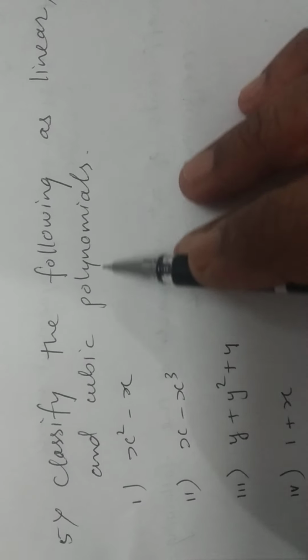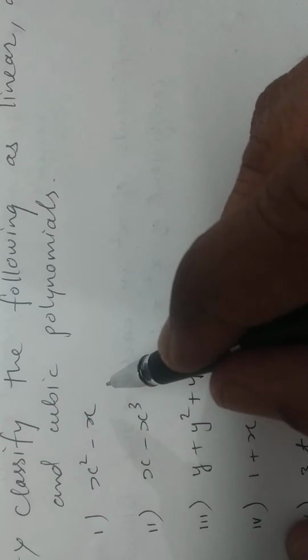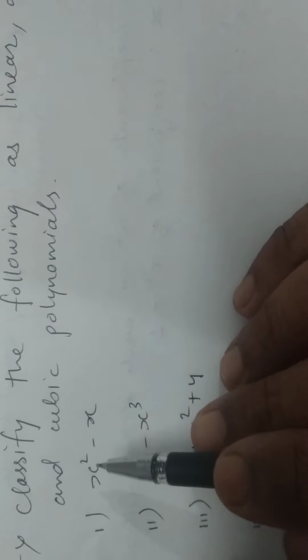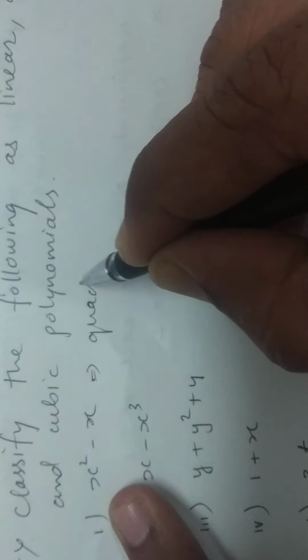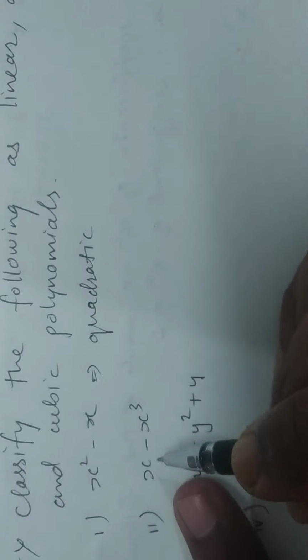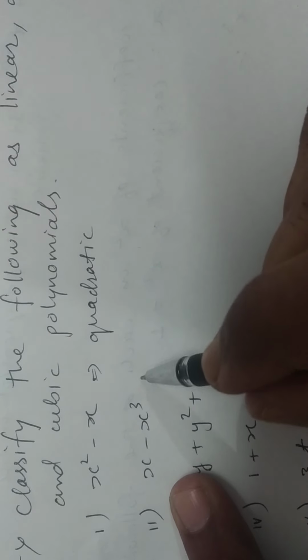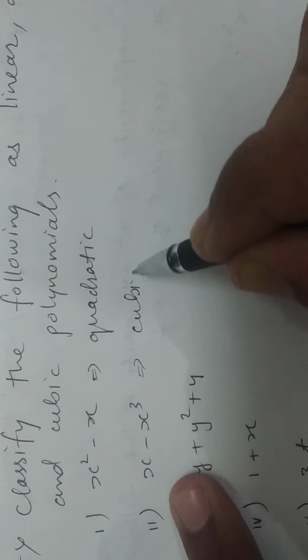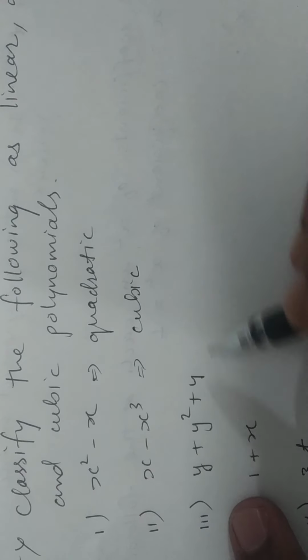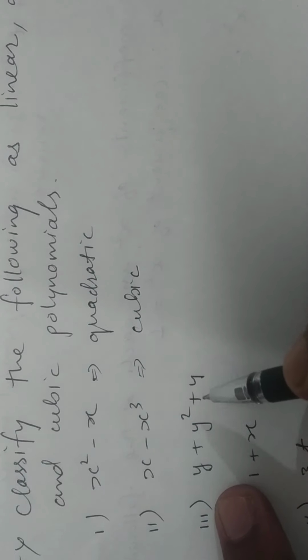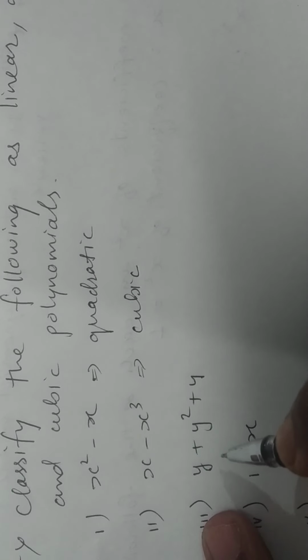Now let us see question number 5. Classify the following as linear, quadratic and cubic polynomials. If the power of the variable is 2, it is called quadratic. If the power or degree of the polynomial is 3, it is called cubic. Generally we arrange it first.